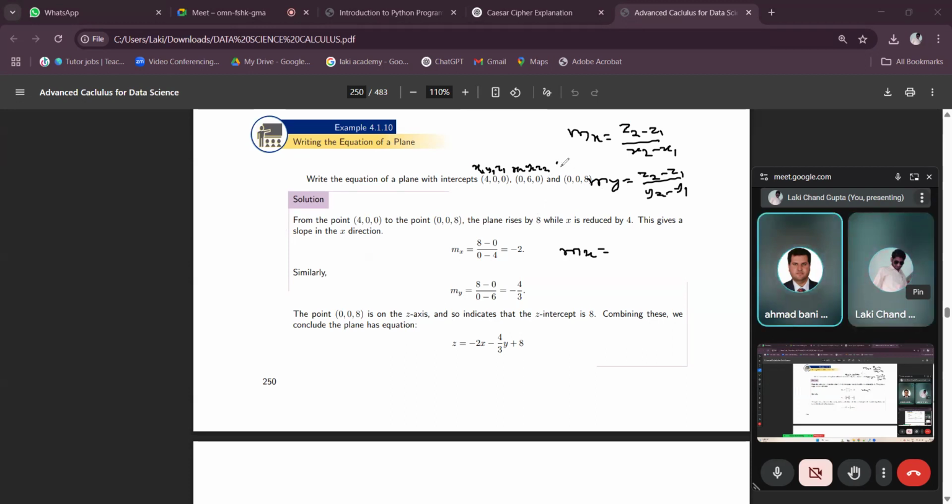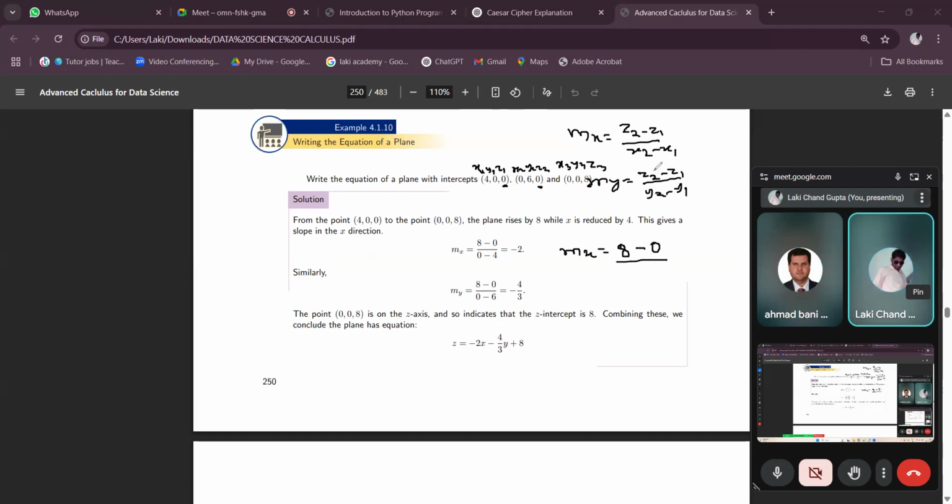This is x3, y3, z3. So z3, z is changed because there is 0, 0. So we will take 8 minus 0.